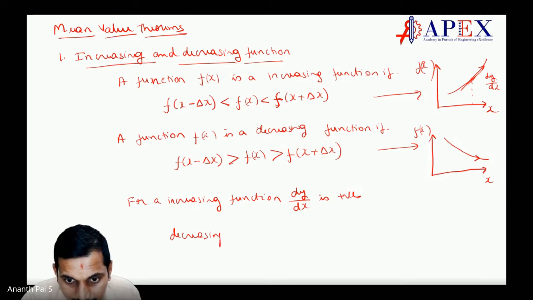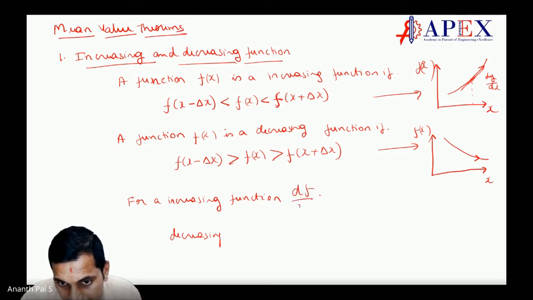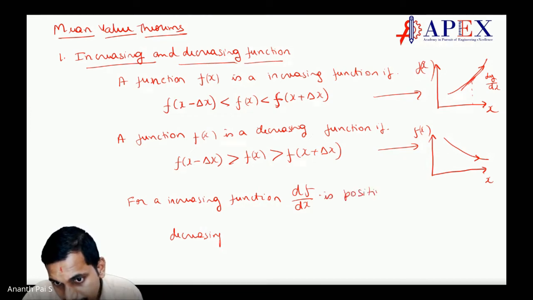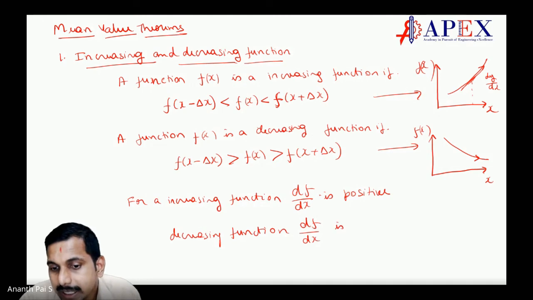I'll say f of x, as we have written. So for an increasing function, df by dx is positive, and for a decreasing function, df by dx is negative.